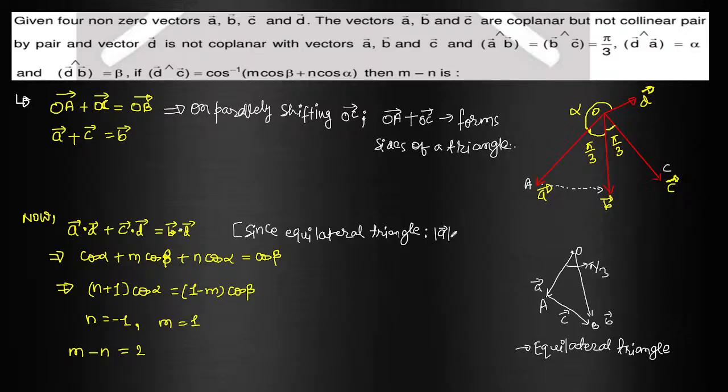A, D cancel, A, B, C cancel, so it is cos alpha, m cos beta, n cos alpha cos beta. So we'll get simply n plus 1 cos alpha, 1 minus m cos beta. So for any alpha and beta this is correct. So n will be minus 1, m will be 1. So m minus n is 2.